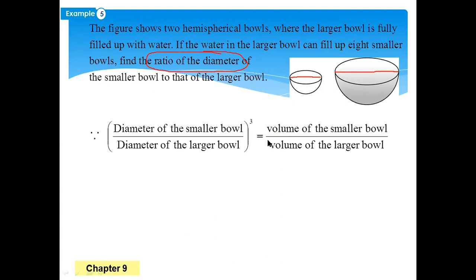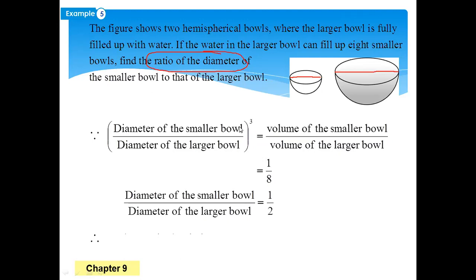As we know, the ratio of volume is equal to the cube of ratio of diameters. So we simply get the ratio of volume 1/8 because it's 8 times the small. So the small to the large, 1/8.